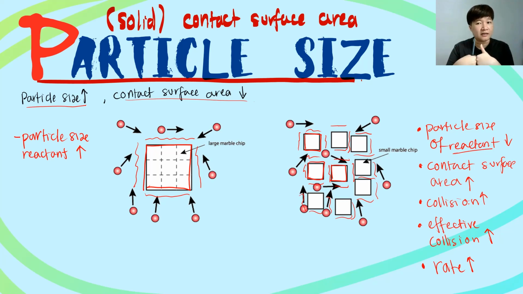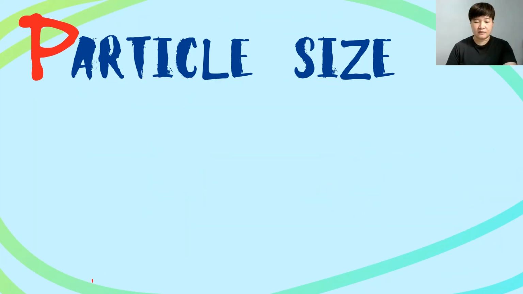Because the particle size is smaller, therefore the contact surface area is larger. A lot of the contact surface area of the sugar can react with the water and dissolve easier. That's why a bigger sugar is harder to dissolve and a smaller sugar is easier to dissolve. Make sense? Alright. Let's look at the proper explanation of it.